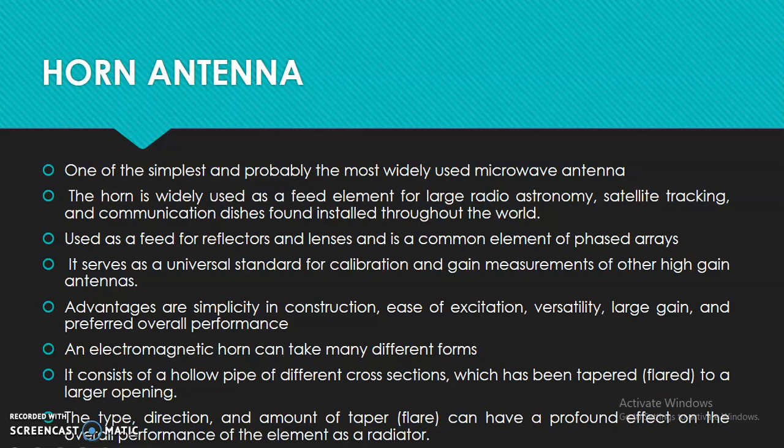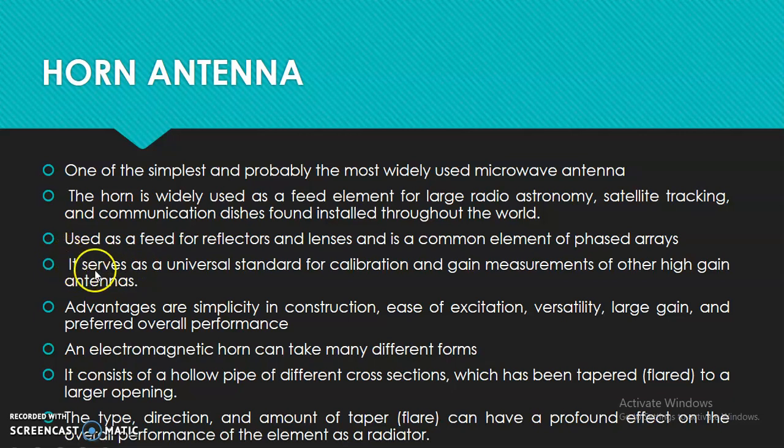The main point is it serves as a universal standard for calibration. That is, this antenna is used while studying previous pattern multiplication and similar other things. I have told that we used to keep one antenna as a standard one to find out the gain or the measurements of other antennas.